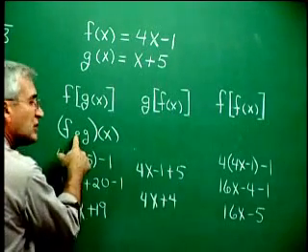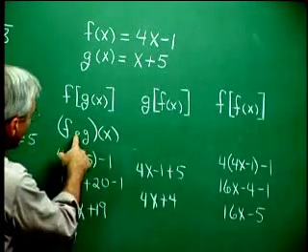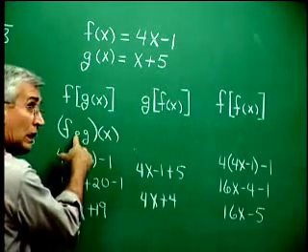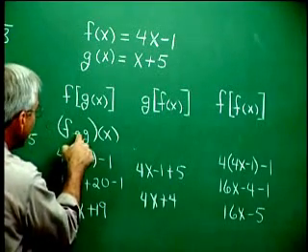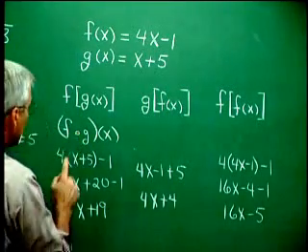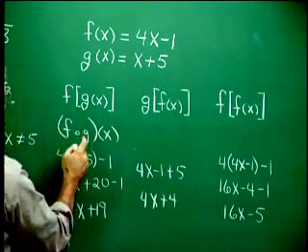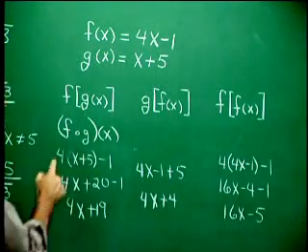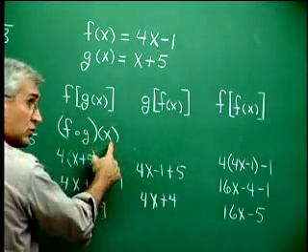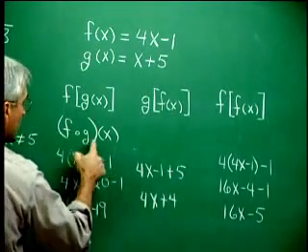Now, this is not a 0, and it's not a letter O. It's just a little bitty circle kind of thing. And the students read this as f circle g of x. But f of g of x is what this says. That's the notation for it.